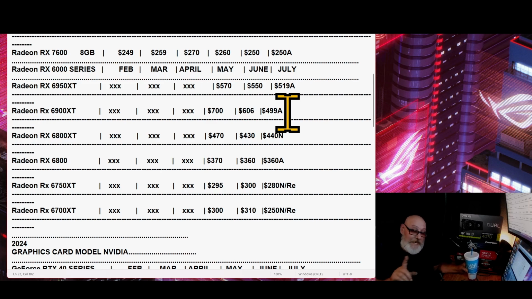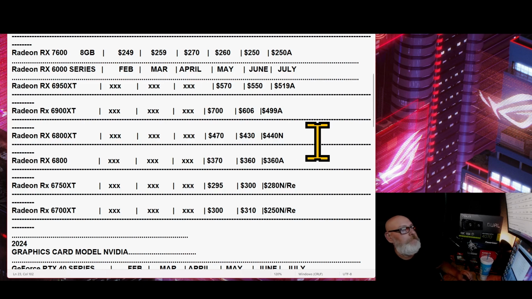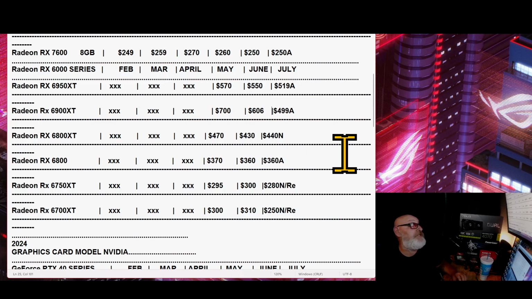Estimated. Not actual, just estimated. You can decide if you want to buy a 6000 series GPU or not. That's up to you. Let's say you don't want to wait on Nvidia or AMD to throw out their new stuff. You pretty much just want to set your GPU in stone for the next 3 to 5 years.